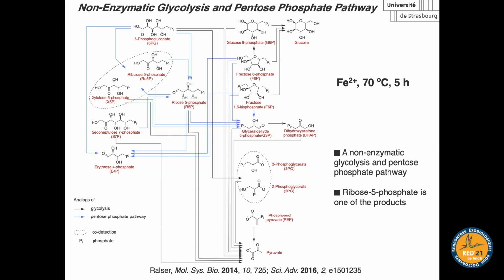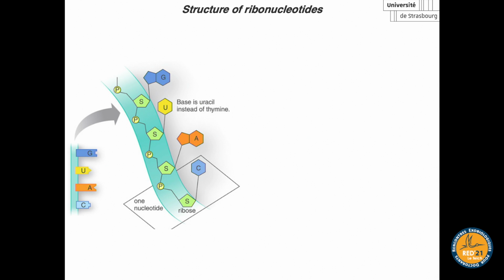So they found all these intermediates that you can find on the slide. The black arrows correspond to glycolysis, while the blue arrows correspond to the reductive pentose phosphate pathway. And the important thing is that I hope you see this in the center of this scheme. You should see a ribose. The ribose is the building block that we can use for the synthesis of ribonucleotides. So finally, ribonucleotides.